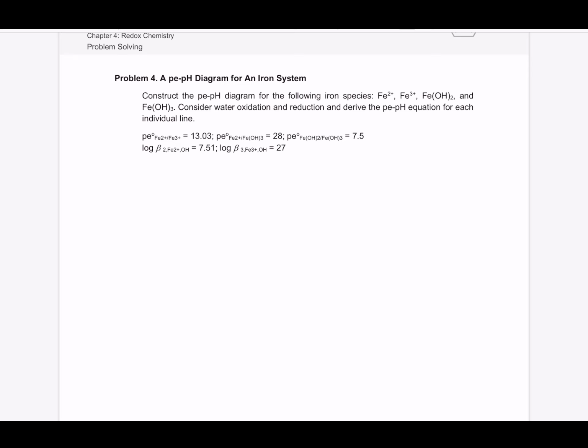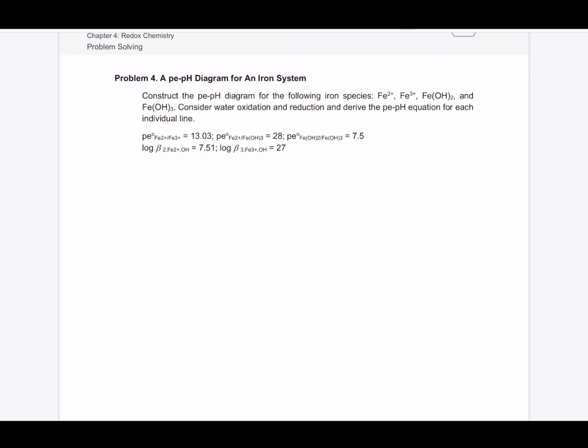So rather than just knowing the actual concentration of the species, which can be easily calculated using a pC-PE diagram, this PE-pH diagram would just give us the information about what species is dominant, which for most cases is enough to know more about the system.